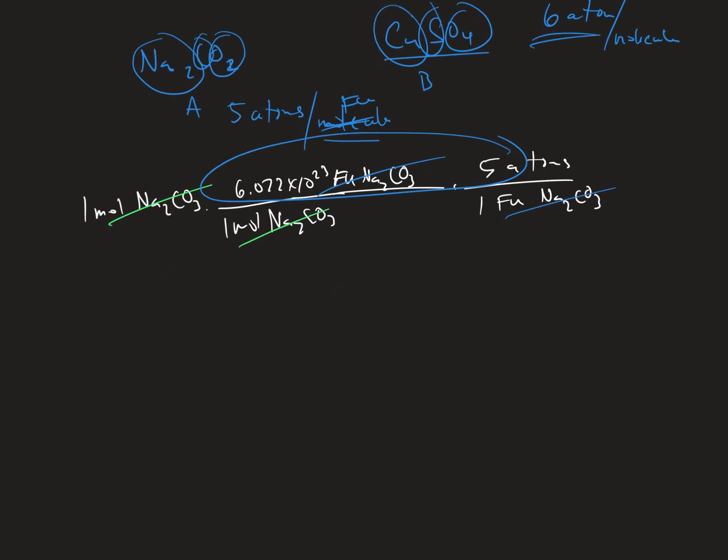Okay. Now I'm going to show you why we learned this and why we don't need to use this anymore. Since it's 6.022 times 10 to the 23 particles in 1 mole of anything, let's see. If we're dealing with water, what's the ratio of atoms in water? 2 atoms of hydrogen to 1 atom of oxygen, right?